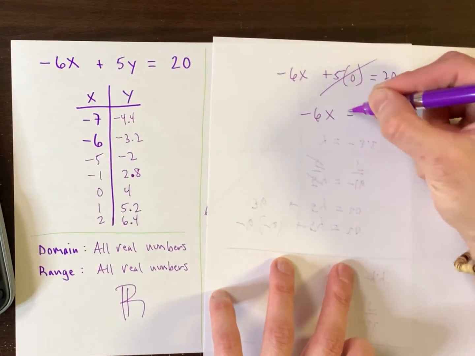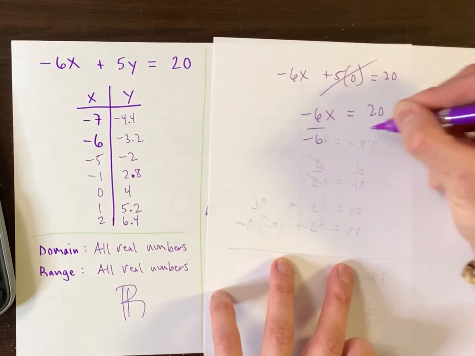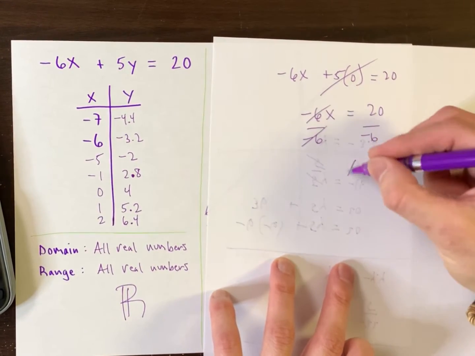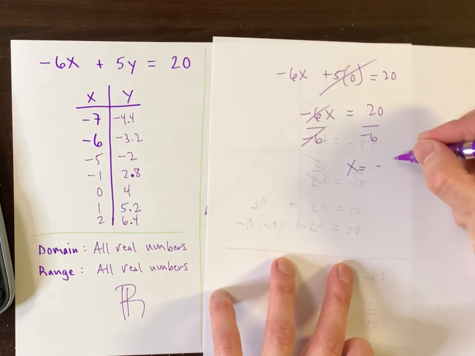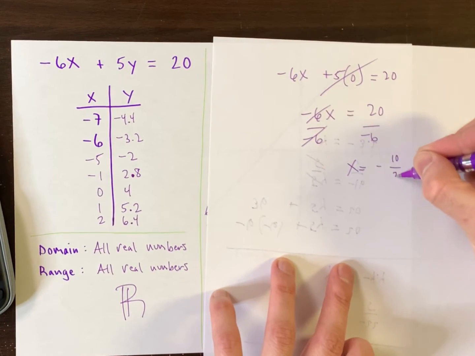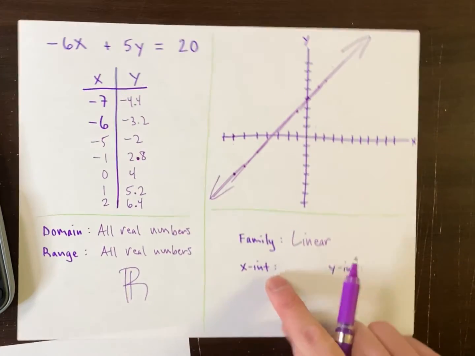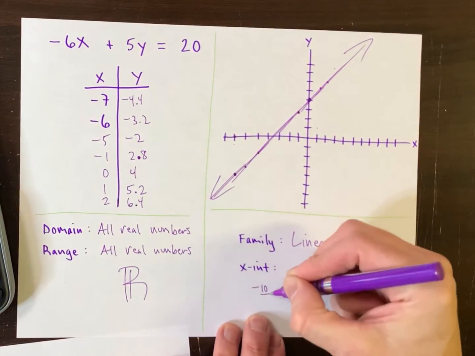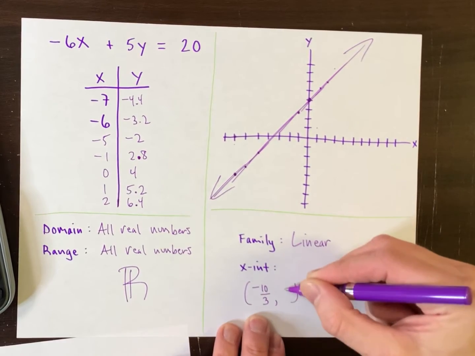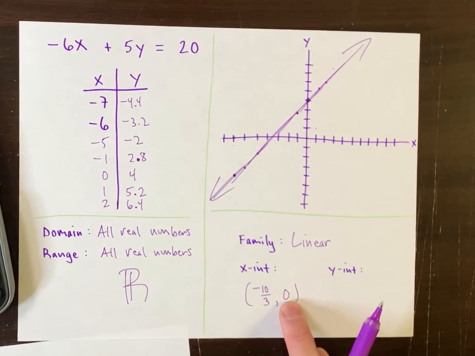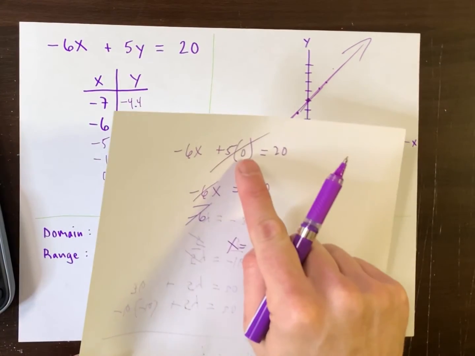So it's just -6x equals 20. If I divide by -6 and reduce that fraction, it's -10/3. So for the x-intercept, it would be (-10/3, 0). And it's a 0 for y because we plugged in 0 for y.